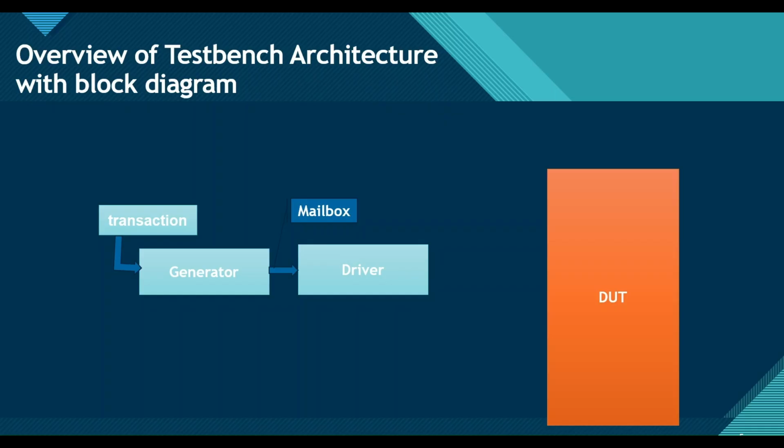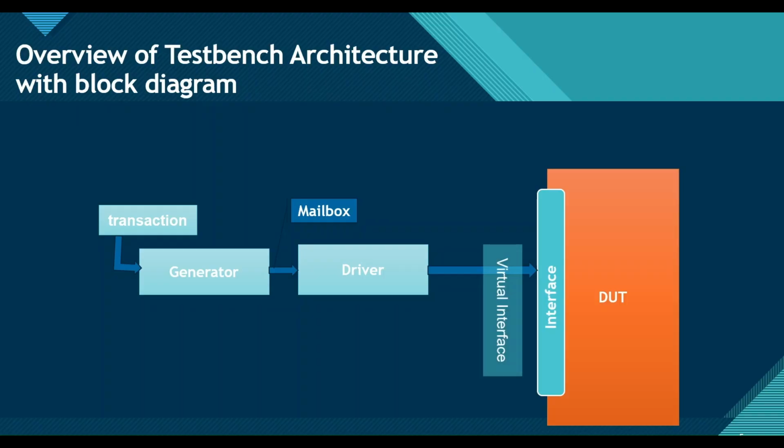We send the data from the driver to the DUT using the interface. The driver and the interface cannot communicate with each other directly because the driver is a class. A class operates at runtime, but an interface is defined at compile time, so they cannot directly access each other.